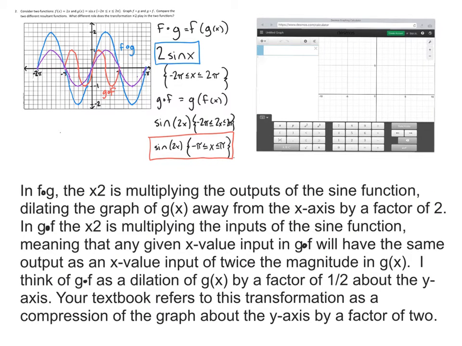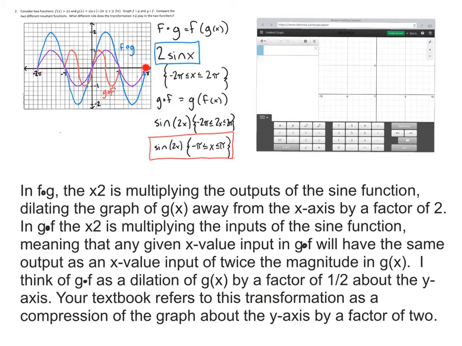So by way of comparing the different role that the transformation times 2 played in the two functions, in f composed with g, the times 2 is multiplying the outputs of the sine function, dilating the graph of g of x, which I drew here in purple, away from the x-axis.